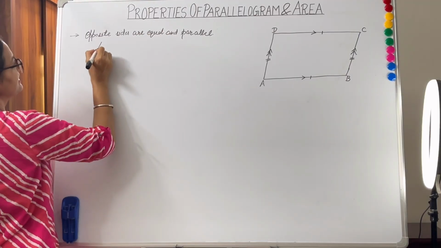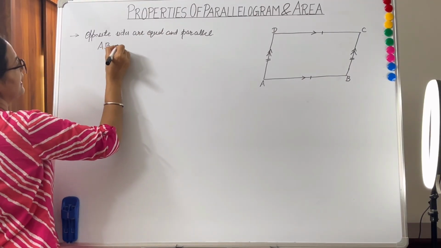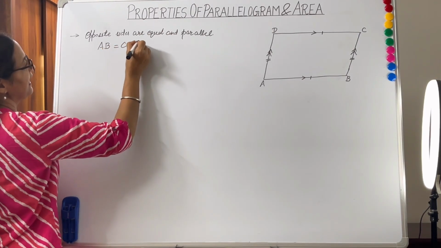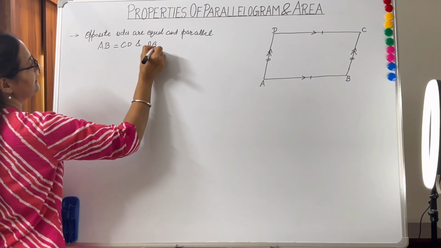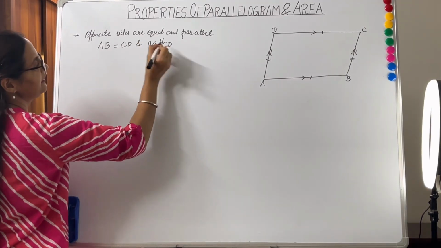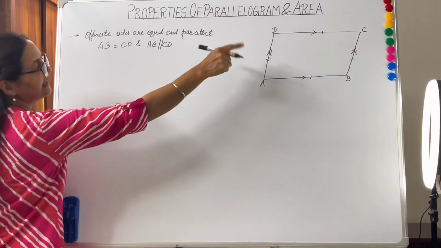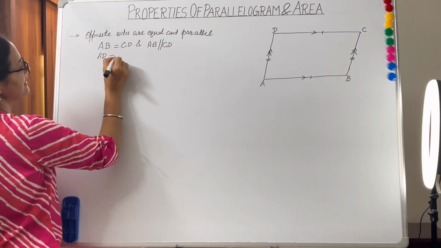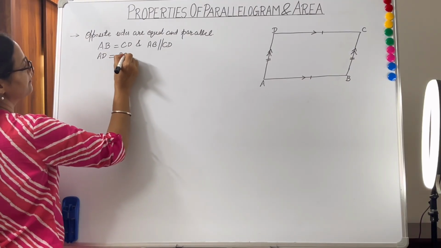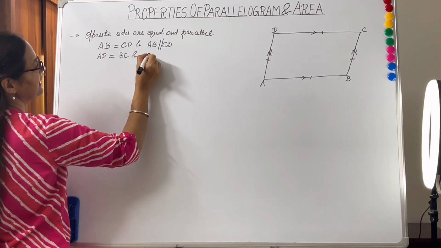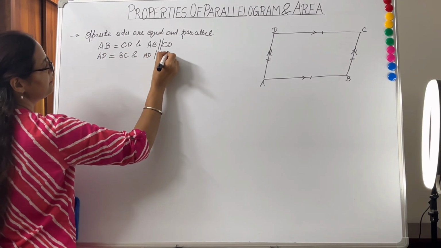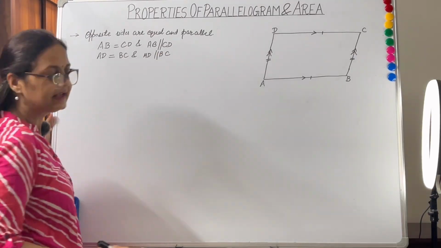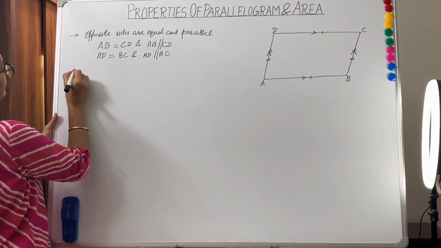What does this mean? This means that AB is equal to CD and AB is parallel to CD. Then second pair, AD is equal to BC and AD is parallel to BC. Okay. So this is the first property.